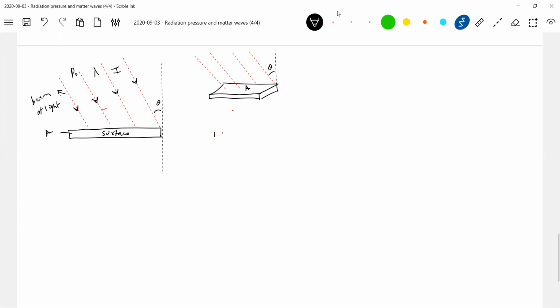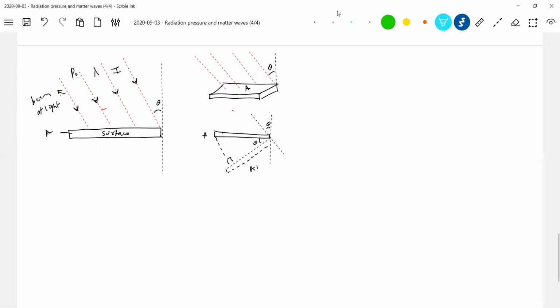So this is the area, and I'll take the projection of it. This is theta, this is theta. This is A. Put a perpendicular, so this will be A dash.